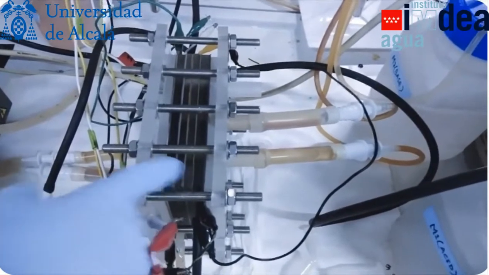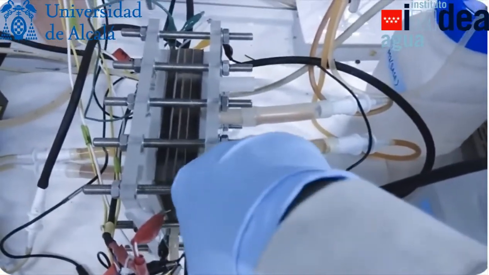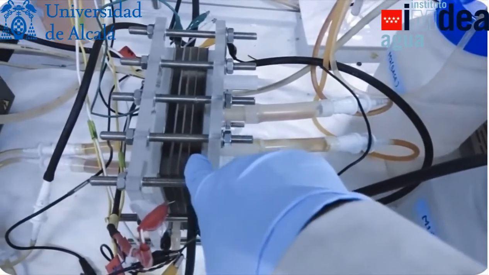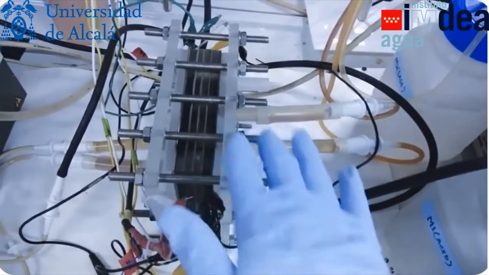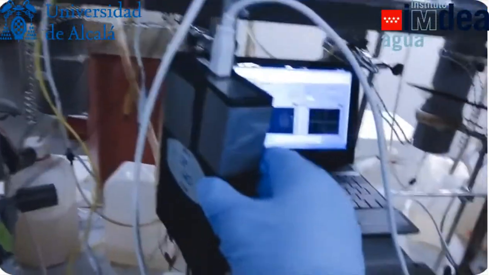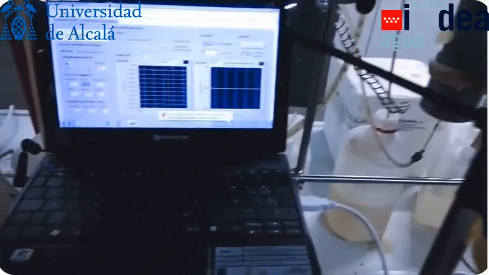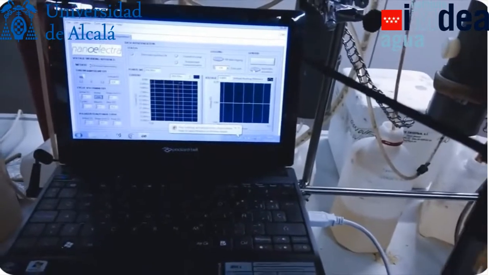Chamber A and chamber B are separated through a bipolar membrane, and chamber B and the anode chamber are separated through a cation exchange membrane. This makes the system 4-chamber. This entire assembly is powered through a potentiostat, and you can see this is the interface. Also, it is collecting data in real time.